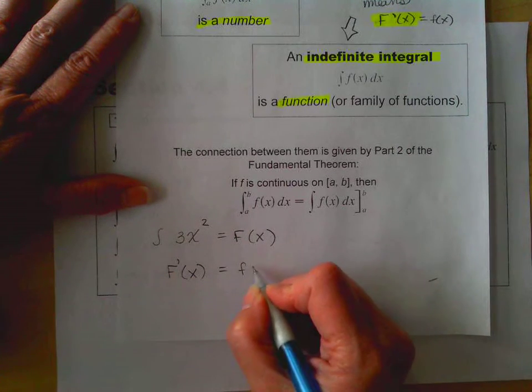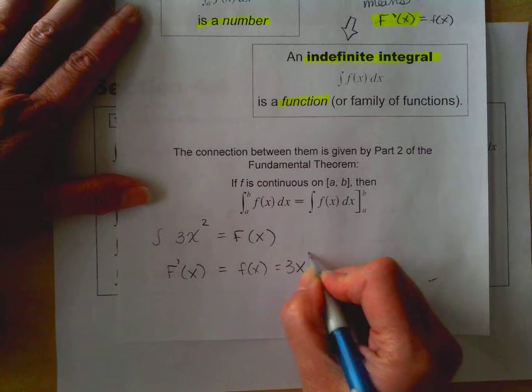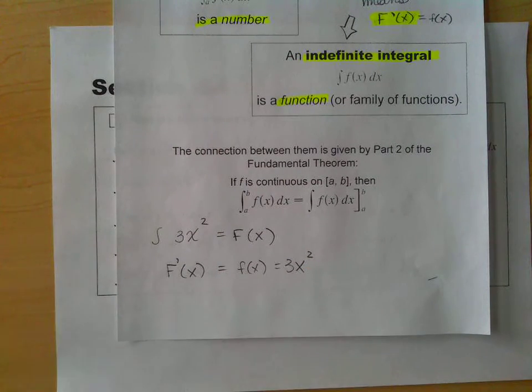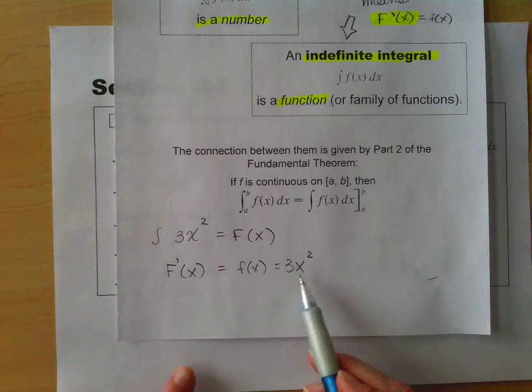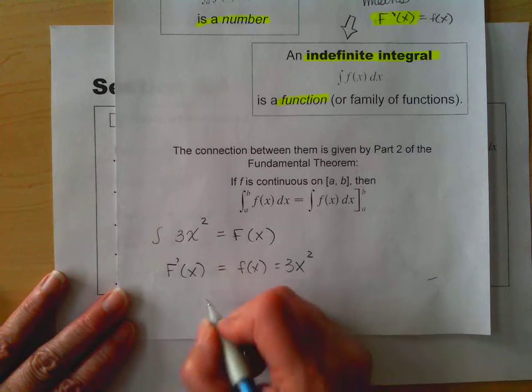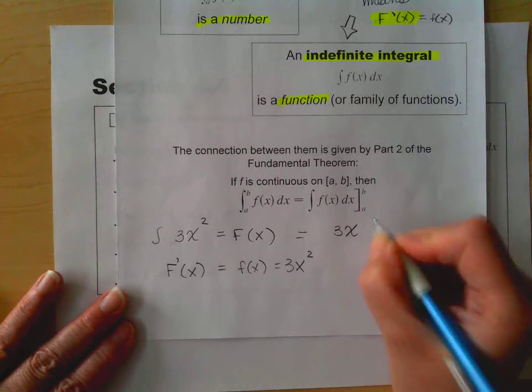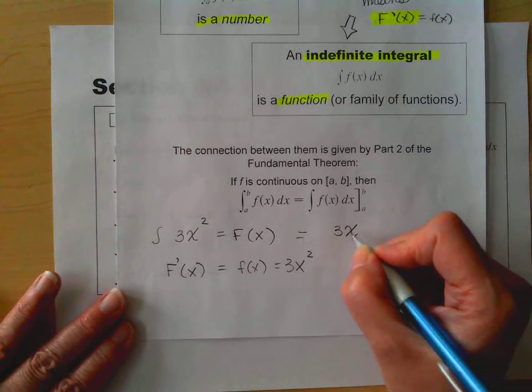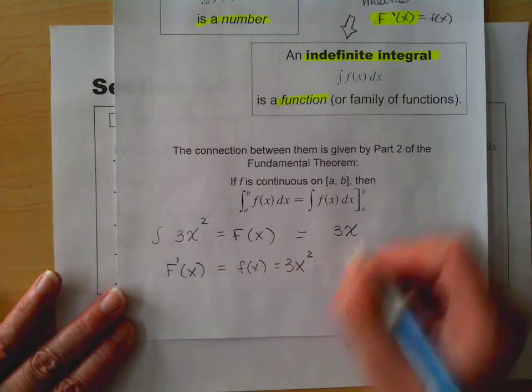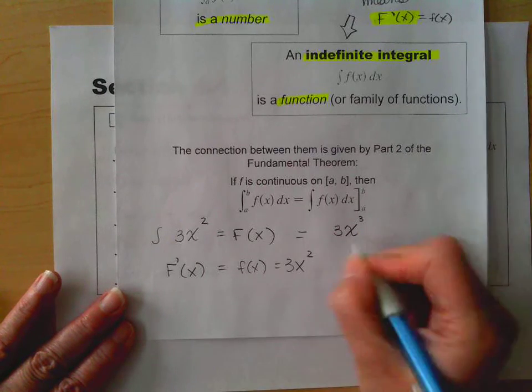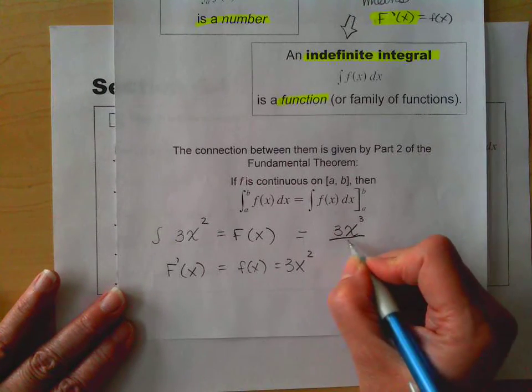So how do I undo the derivative out of this 3x squared? What we found was that to undo it, instead of decreasing this exponent, we're going to increase the exponent, and then we're going to divide by that exponent. So we'd get x cubed.